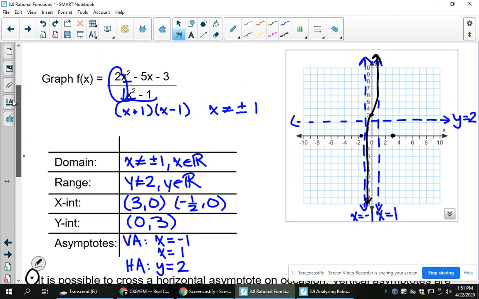All right, so what we end up having here is that kind of shape in there.